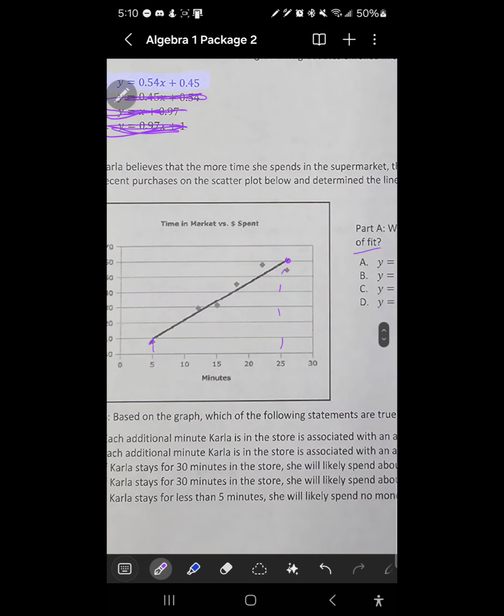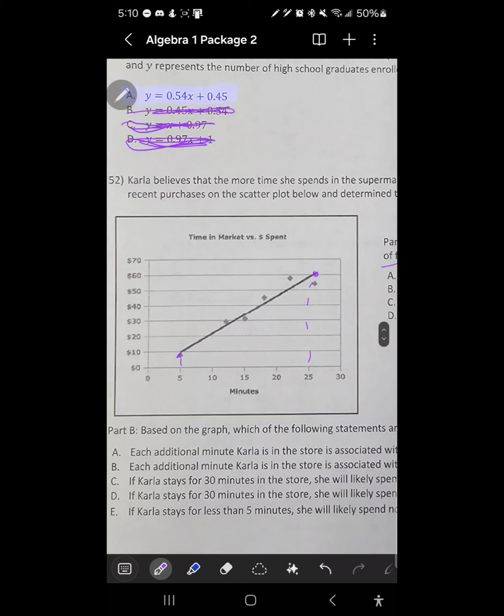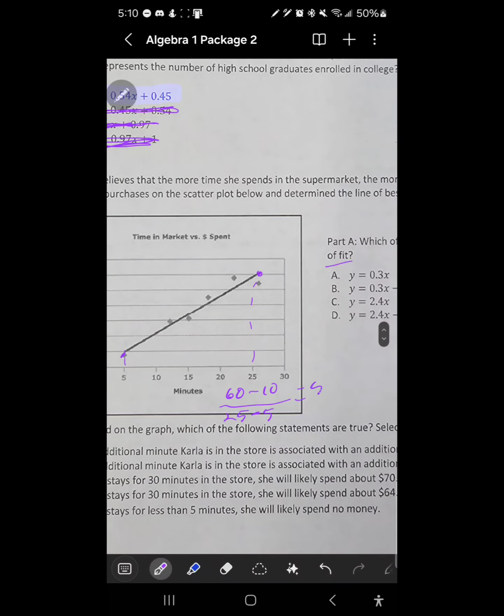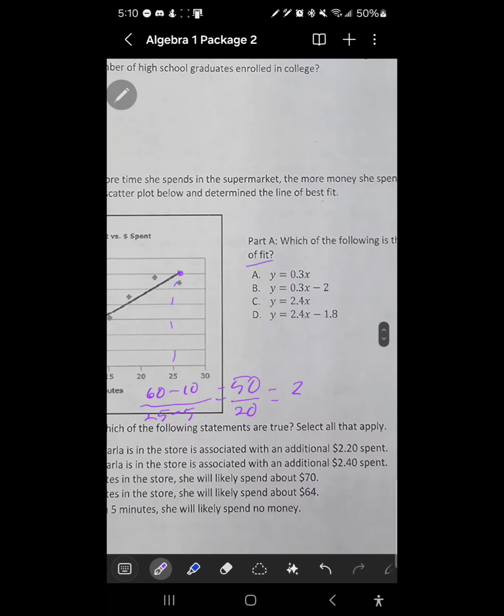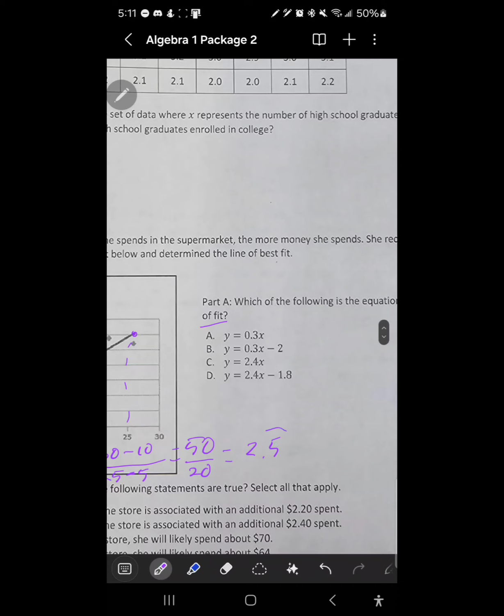So I'm going to use these 2 points and I'm going to say, okay, 60 minus 10 for the y values over 25 minus 5. And this is going to be 50 over 20. And this is 2.5. So our slope should be around this.